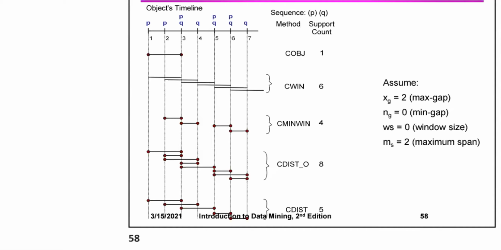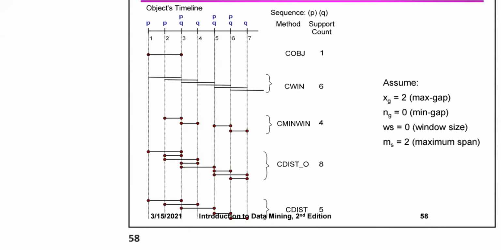So a total of 8 occurrences are obtained for PQ, the distinct occurrences with the possibility of event timestamp overlap. Totally 8 occurrences occur in CDIST_O. And the last method is the CDIST method.